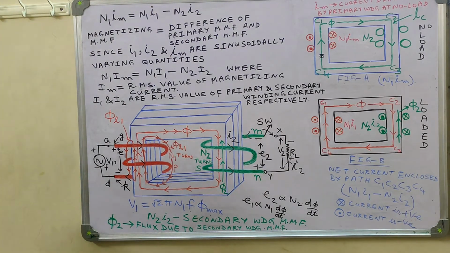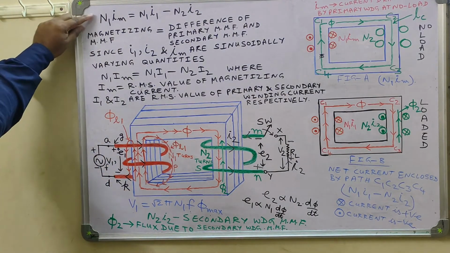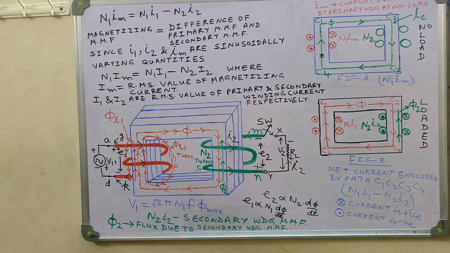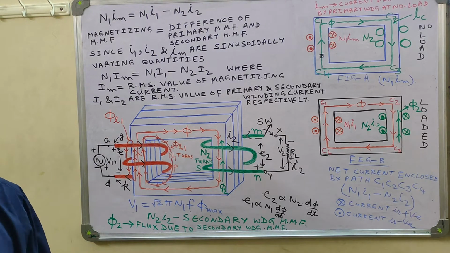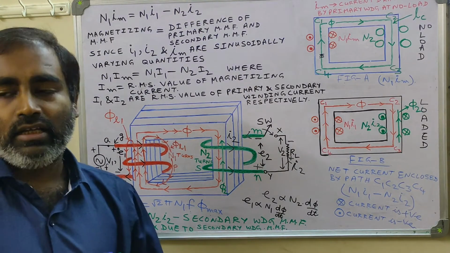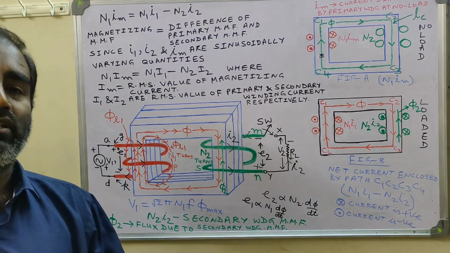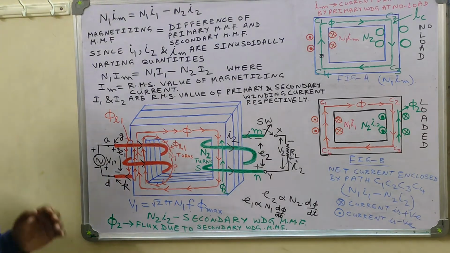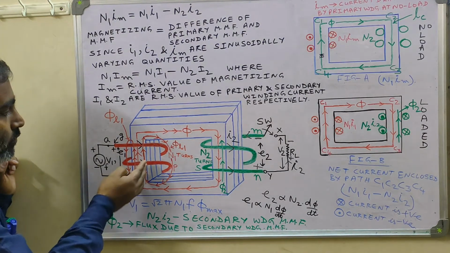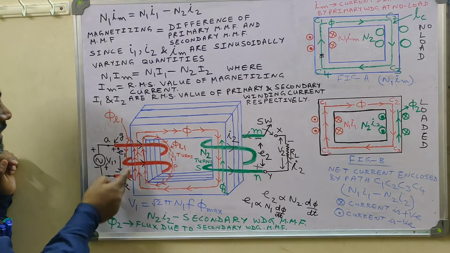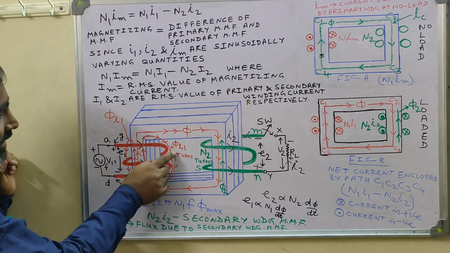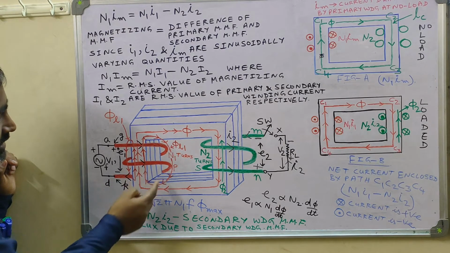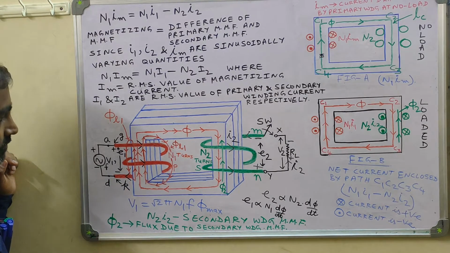The second assumption which we made while deriving this equation was that there is no leakage flux. If there is no leakage flux, all the flux is confined in the magnetic core of the transformer. Although if you look at this diagram closely, you will find that I have indicated one leakage flux termed phi L1. Phi L1 stands for the primary leakage flux.